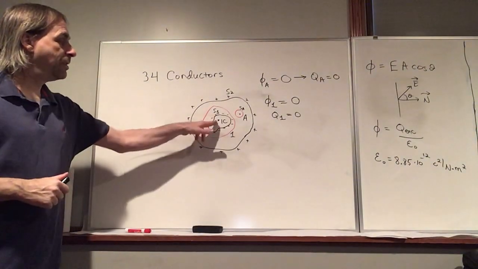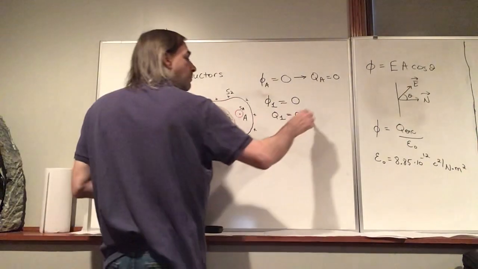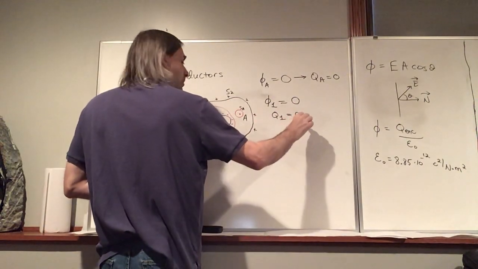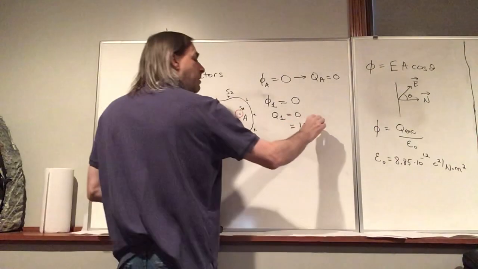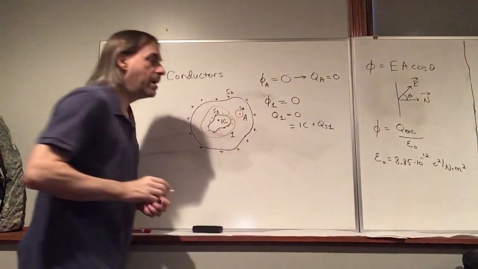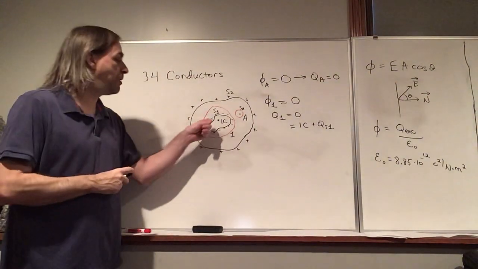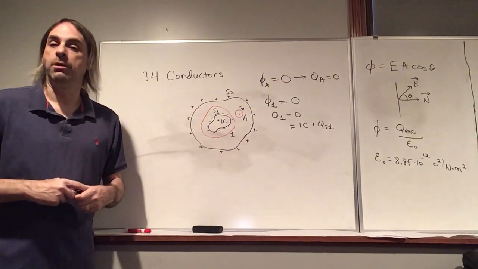And so what we have is Q1, the total charge in this Gaussian surface. That would be that 1 coulomb charge we placed in the cavity, plus the charge on surface 1. And so the total charge that builds up on surface 1 would have to be minus 1 coulomb.